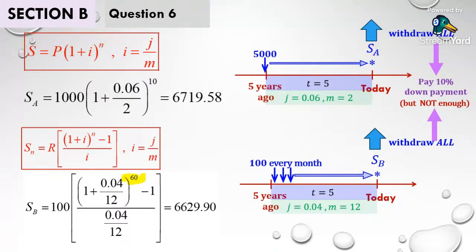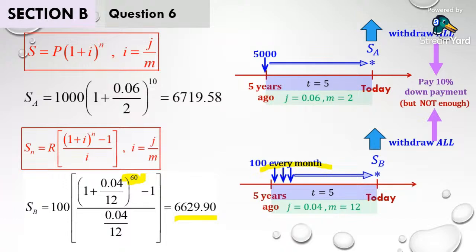Guys and girls, we deposit every month, and it's for 5 years. So 1 year is 12 times, 5 years is 5 times 12, which is 60. You don't have to show the calculation in so much detail, 5 times 12. You can go direct because it's a simple calculation. And then the interest i is 0.04 divided by 12. Then we just press the calculator accordingly. We have 6629.90. So this is the amount that we have for the second resource.